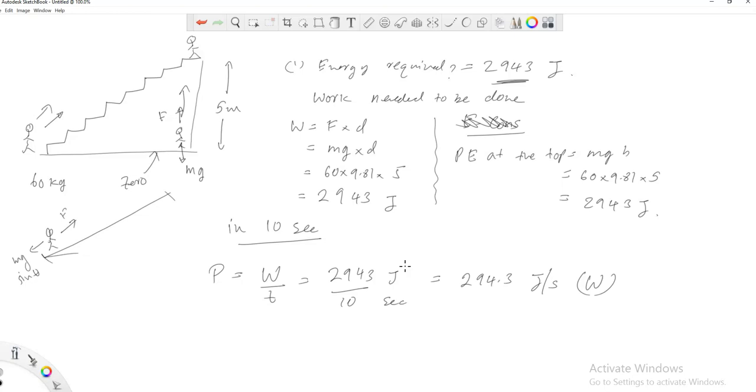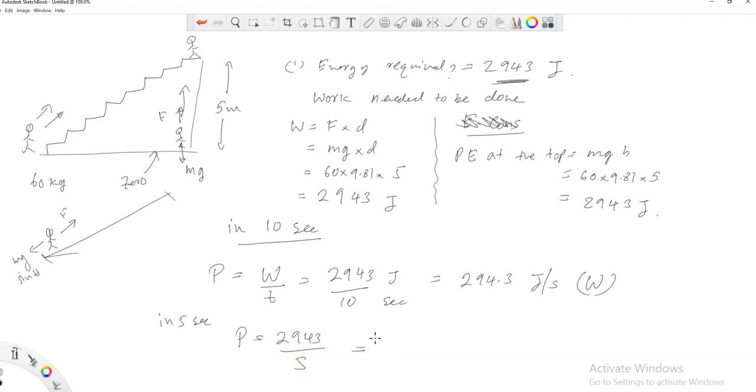Let's say he wants to get there in 5 seconds. Now the power requirement: it's the same amount of work, right? The starting point and end point difference is going to be the same. That's the amount of energy you have to spend, but faster. So the power requirement is double that of 294.